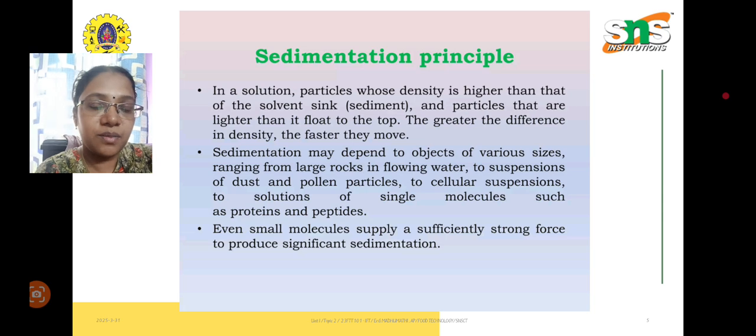It mostly depends on objects of various sizes, ranging from large rocks in flowing water to suspensions of dust and pollen particles to cellular suspensions. Even small molecules can have a strong enough force to produce significant sedimentation. This is the principle behind the sedimentation process.